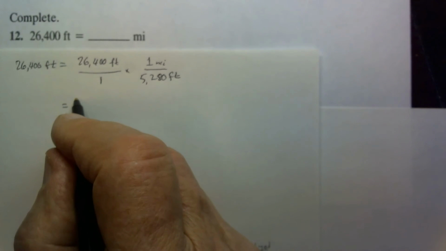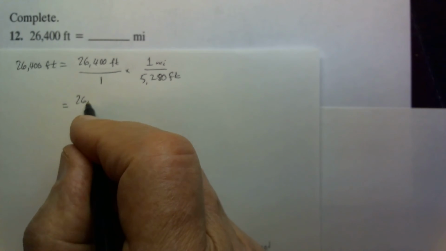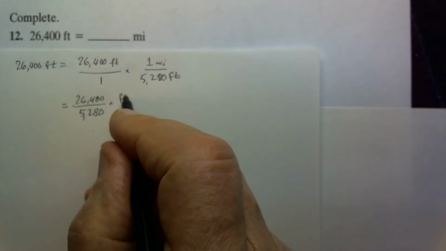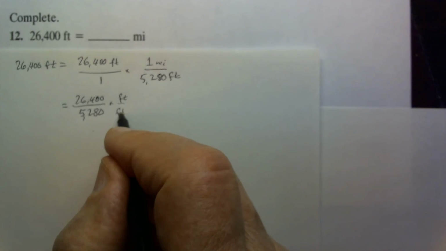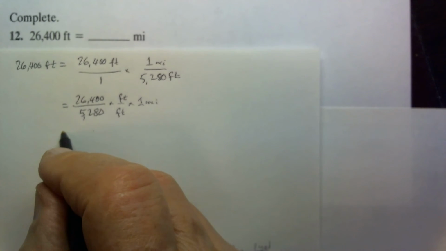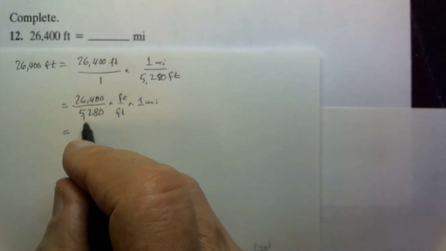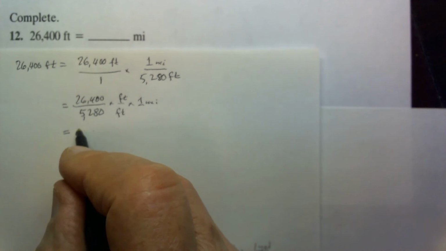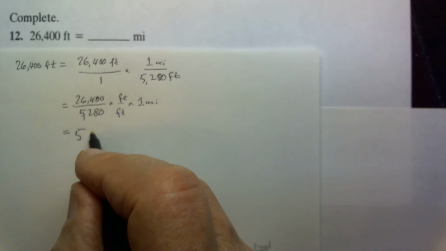And this then becomes 26,400 divided by 5,280, times feet divided by feet, times 1 mile, and 26,400 divided by 5,280 is equal to 5 miles. So it comes out equal to 5 miles.